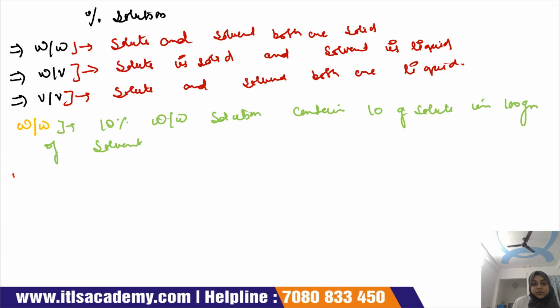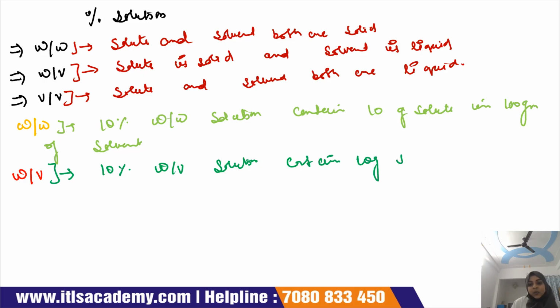Now the next is weight by volume. A 10% weight by volume solution contains 10 gram of solute in 100 ml of solution. That is called weight by volume.